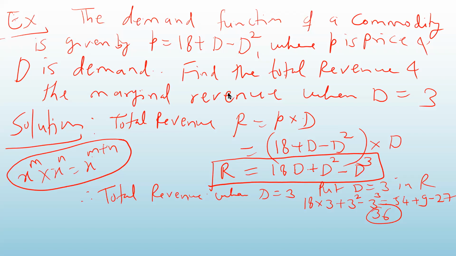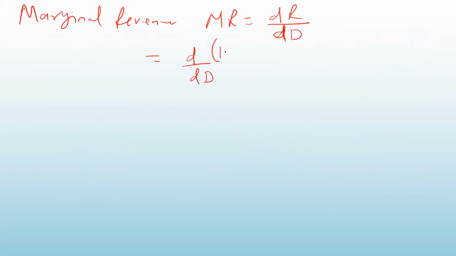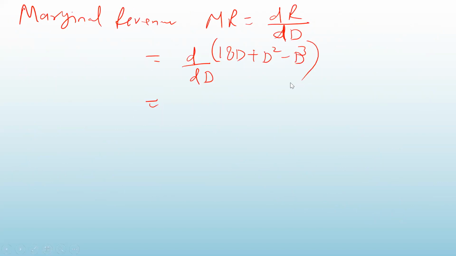R is 18D plus D square minus D cube. So in place of R, I have put 18D plus D square minus D cube, which is equal to the derivative of 18D plus the derivative of D square minus the derivative of D cube.